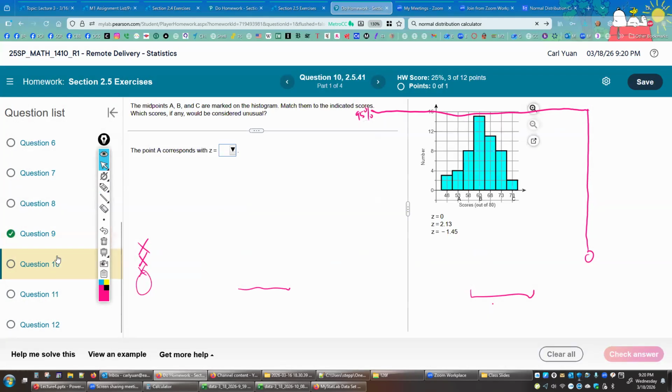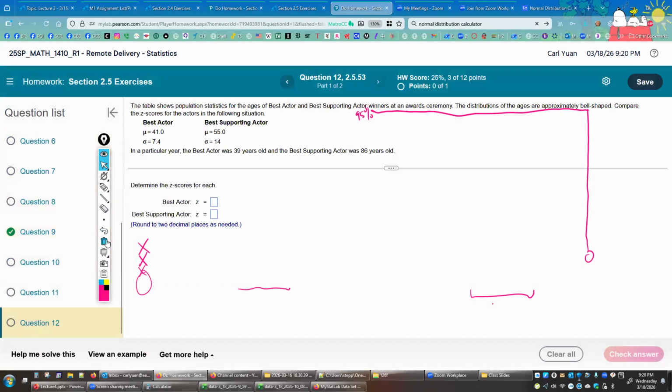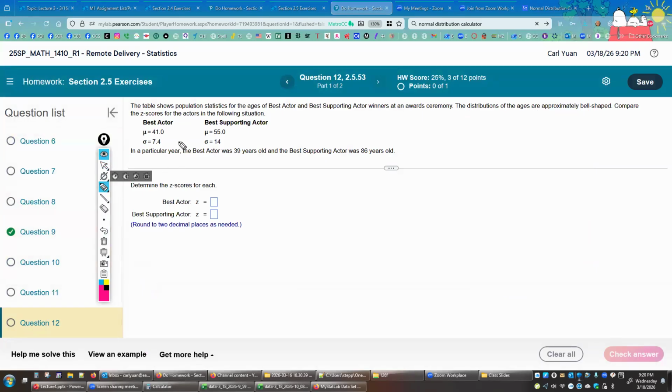All right, then let's look at the last one, number 12. We have two populations, if you will, and we are looking at the ages. In the particular year, the best actor was 39 years old, and the best supporting actor was 86 years old.